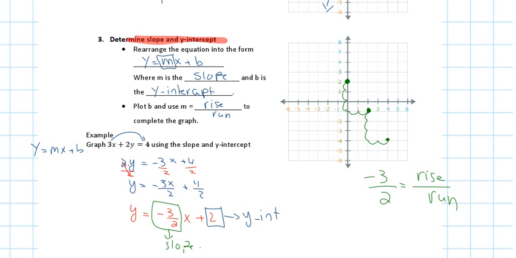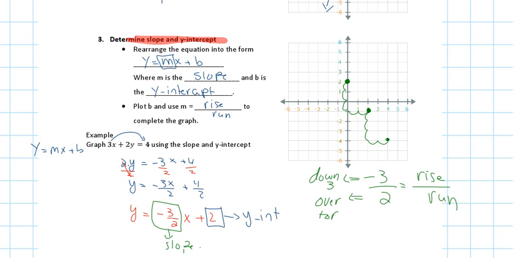So I start with a y-intercept, and because my slope is negative 3 over 2, that means instead of going up, I'm going to have to go down 3, and I'm going to have to go over to the right 2.